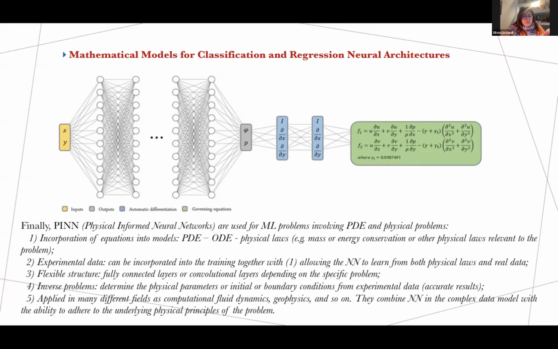It has a flexible structure, with fully connected layers or convolutional layers depending on the specific problem. It is very important that it can be used for inverse problems. I mean, if we don't have initial or boundary conditions but we have experimental data, from the experimental data we can go backward to the initial condition. And this can be applied to very different fields of research.